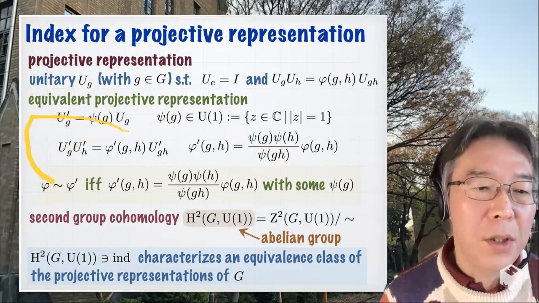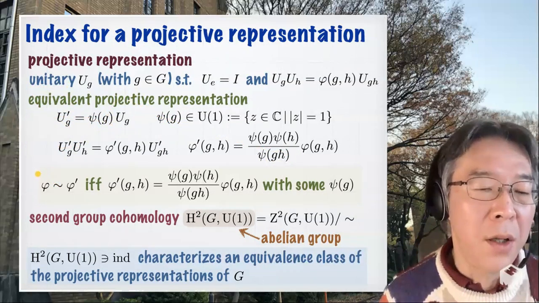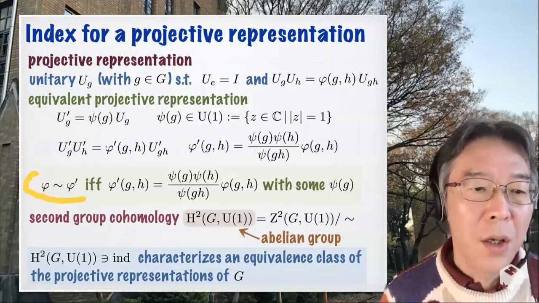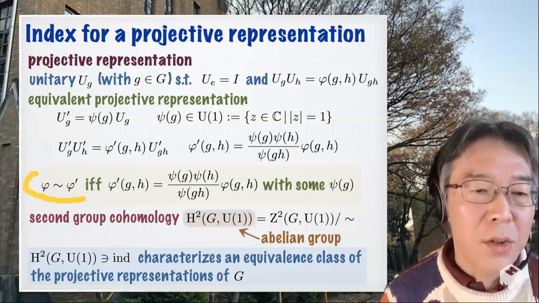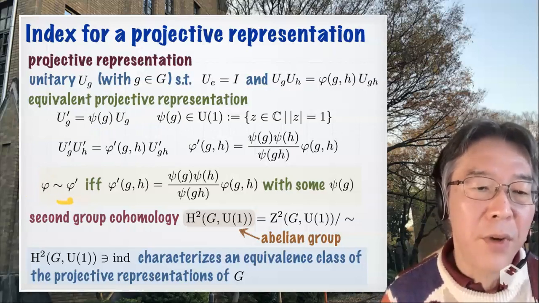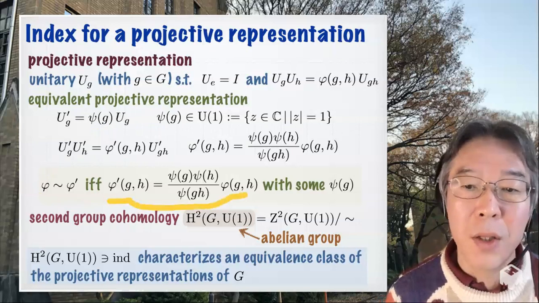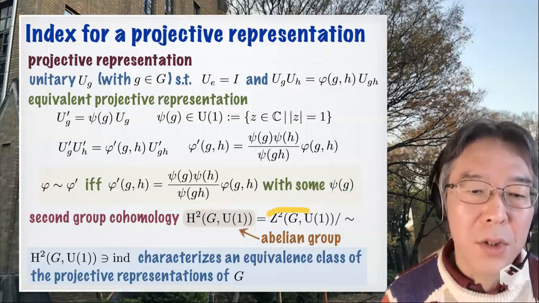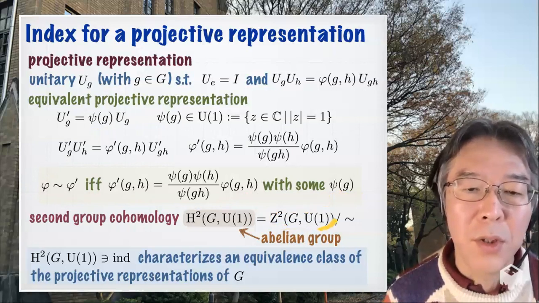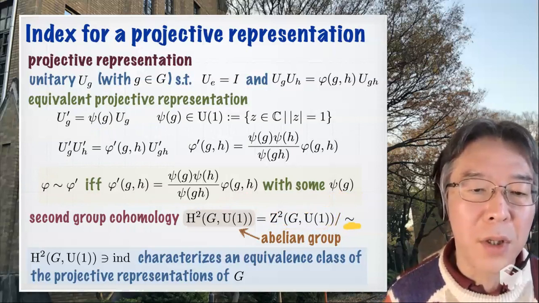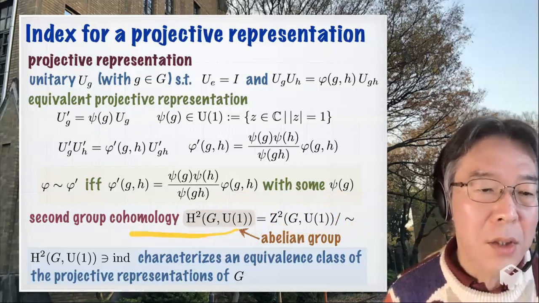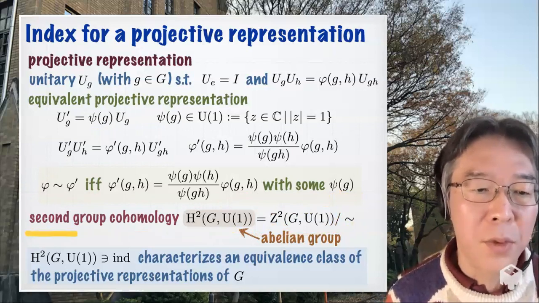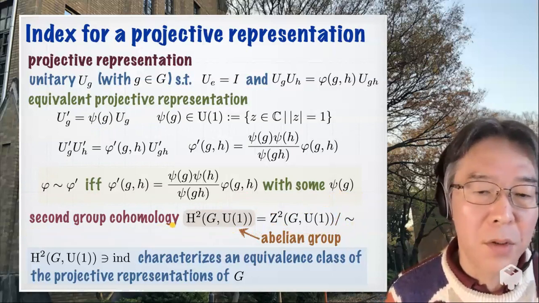This motivates us to define an equivalence relation between two cocycles. We say that phi and phi prime are equivalent if they are related by this relation with some phase factor psi. Z2 is the set of all 2-cocycles, so we divide by this equivalence relation to get this quotient set. It's also a quotient group, and this is called the second group cohomology, again for some mathematical reason.